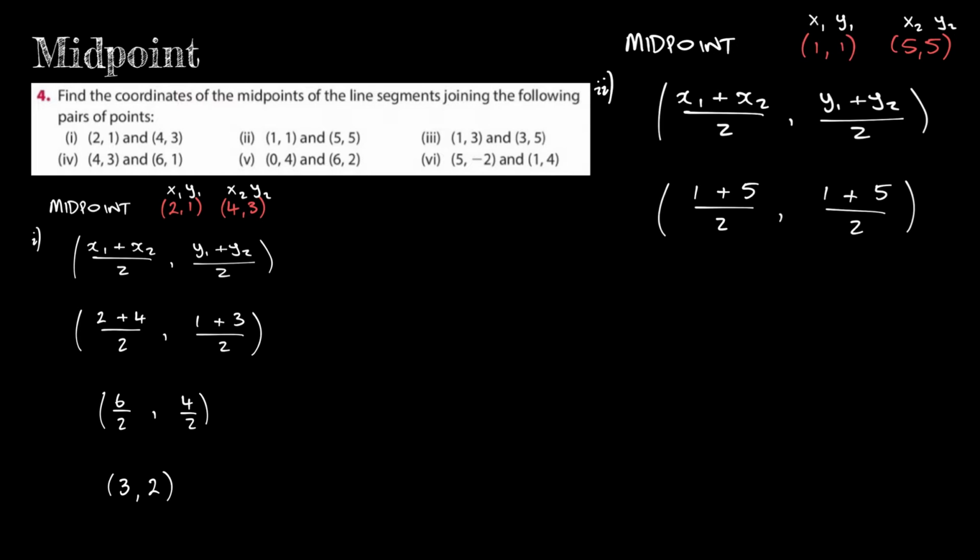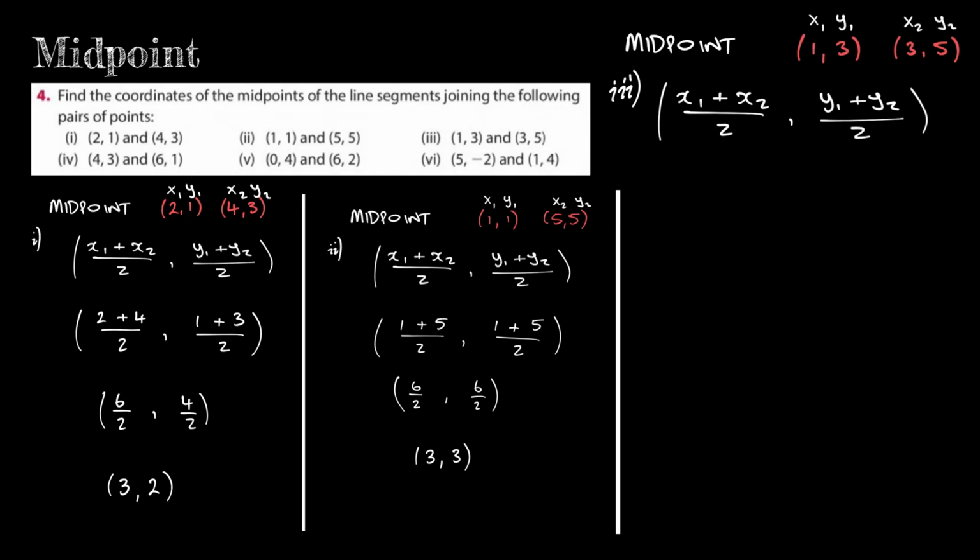And that's going to give me 6 over 2 and 6 over 2. So that's going to give me 3, 3. The coordinate between those 2 points will be 3, 3.